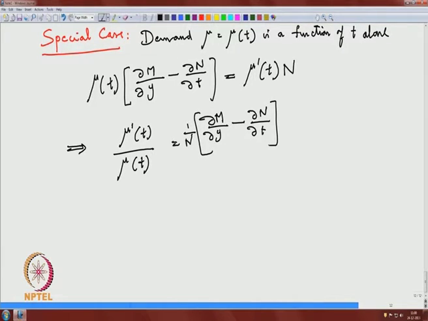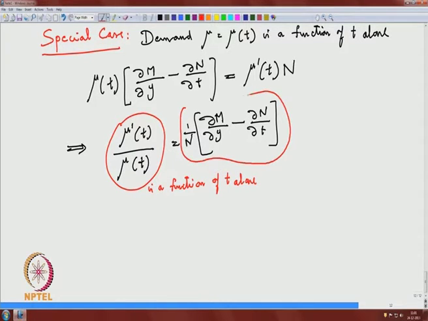Can this equation be solved for mu? But then look at the interesting fact. The left portion is a function of t alone, but the right side is a function of both t and y, because M and N are functions of t and y.